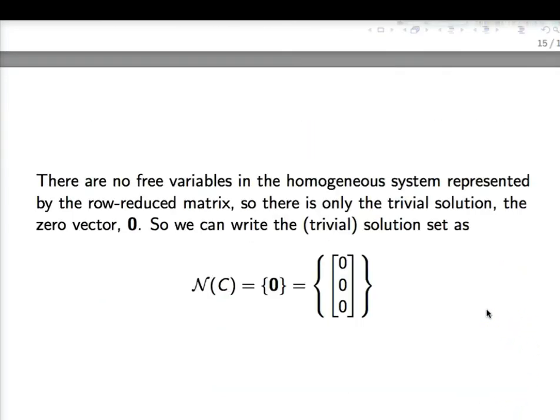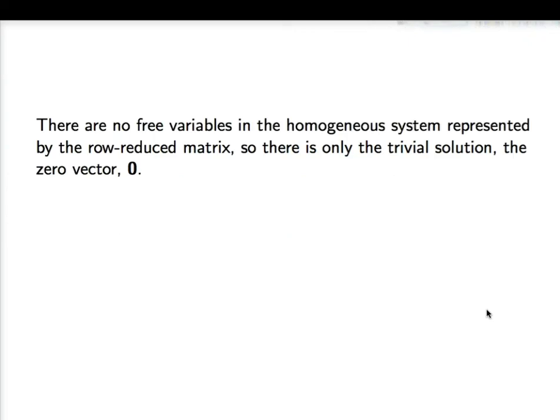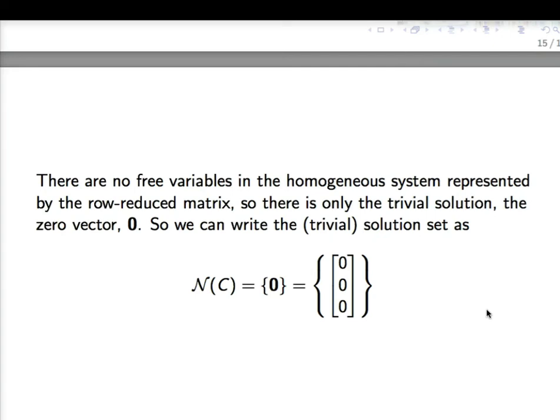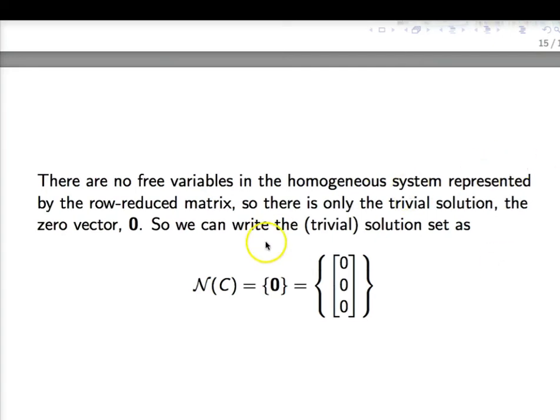Okay, so in this case we would say that the trivial solution is the only element of the solution set, and in fact the trivial solution is the only element of the null space.